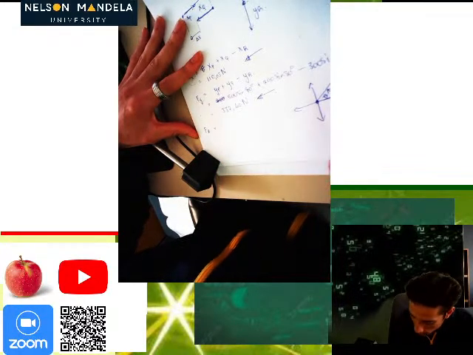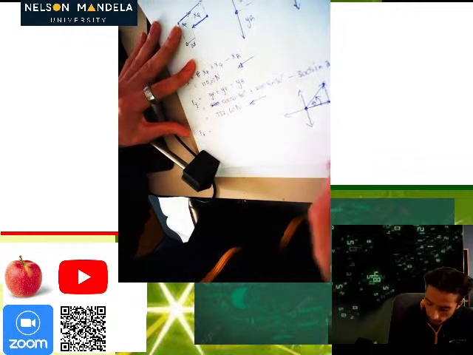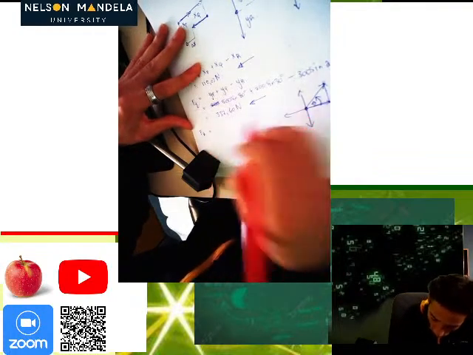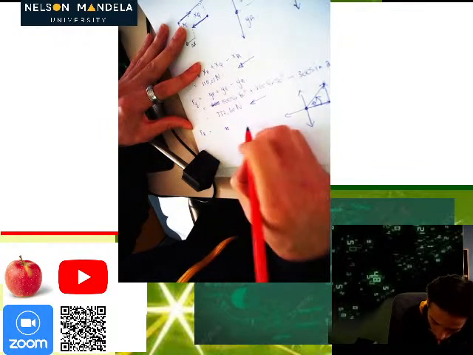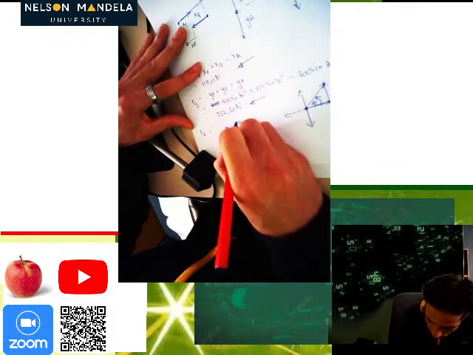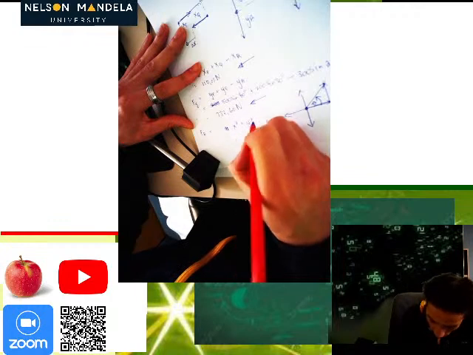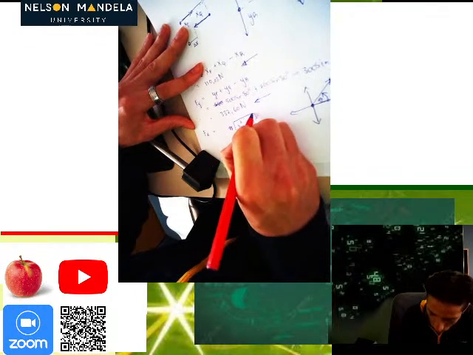Okay, so what we have just calculated are the components. To calculate the resultant, according to Pythagoras theorem, we take x squared plus y squared, and then take the root.